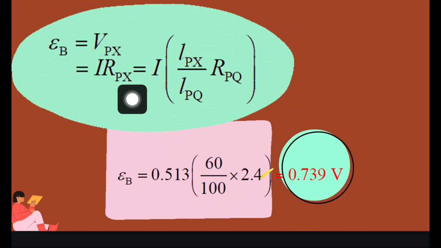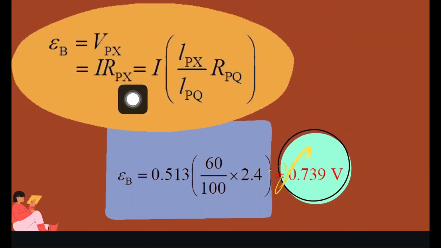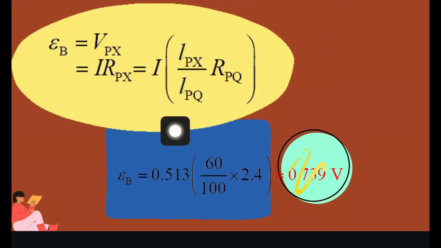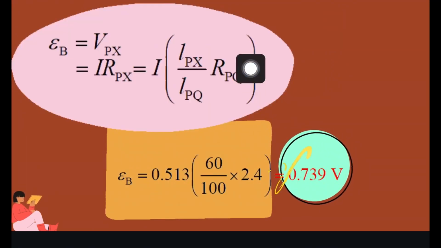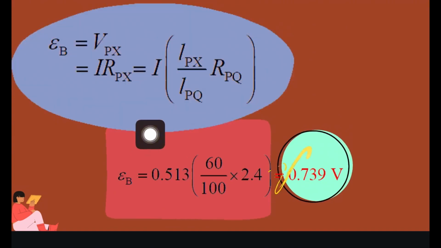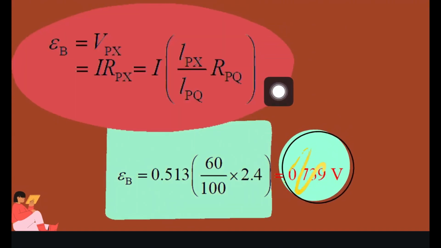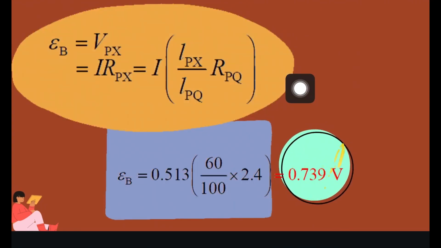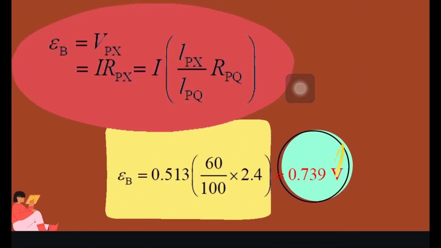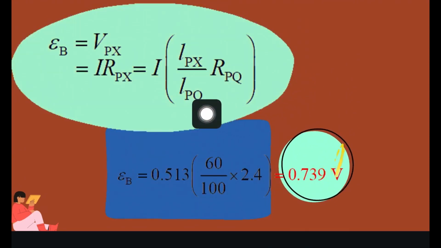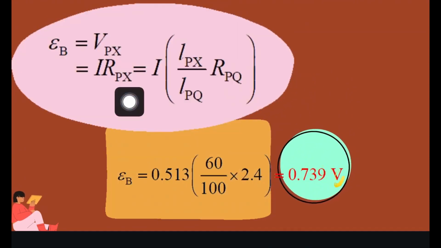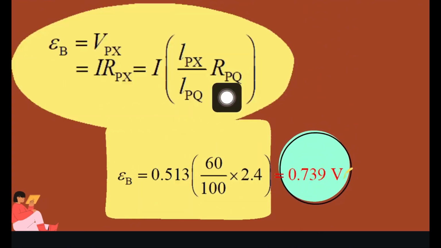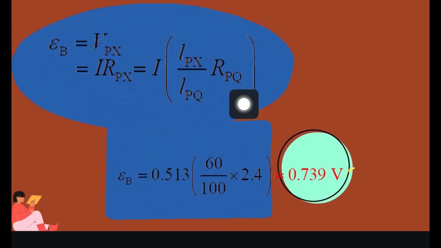How about RPX? Since we have values of LPX and LPQ, we are going to apply this one. Do you remember this one? L1 over L2 equals to R1 over R2. So we are going to apply this: RPX equals to LPX over LPQ times RPQ.